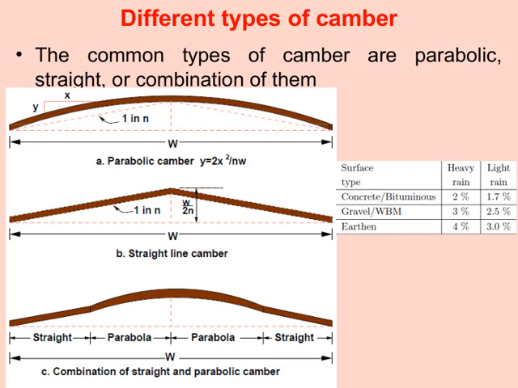Now, let's take a closer look at the different types of camber. The most common ones you'll encounter are parabolic, straight, or sometimes a combination of both. Each of these has unique characteristics that influence the way a structure handles loads and distributes stress. Parabolic camber, for example, offers a smooth curve that can efficiently handle bending forces, making it very popular in bridges and large-span structures.